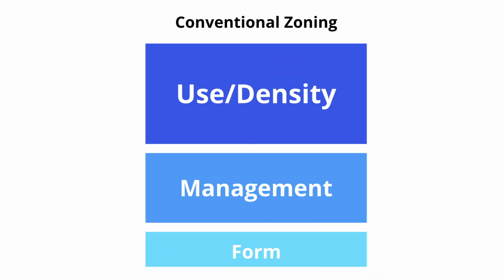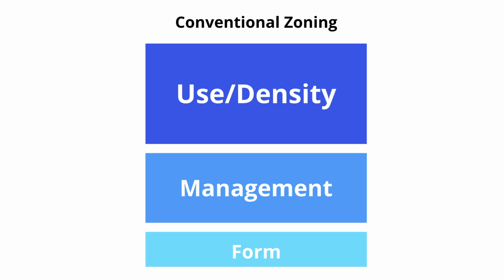Now, in conventional zoning, the land use and density intensity calculation dominates the proceedings. It is the organizing principle behind the zoning. So that's why the zones are commercial zones or residential zones or office zones, industrial zones, and so on. Management plays a big role because local governments love to squabble over things like that noise ordinance or light pollution ordinances, and that's important.